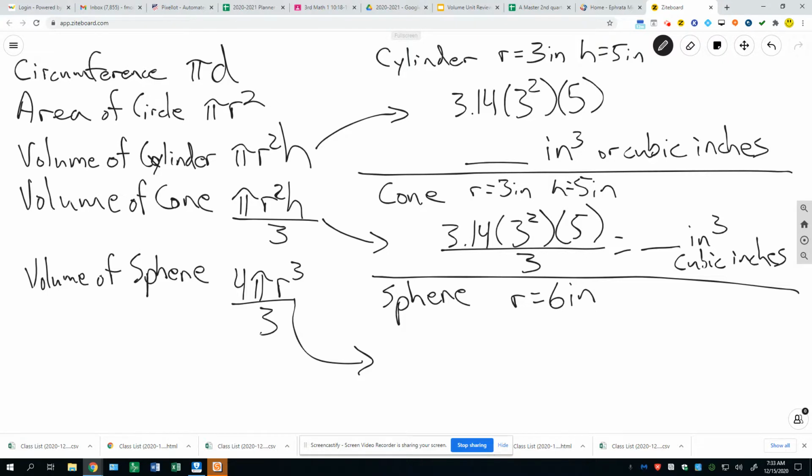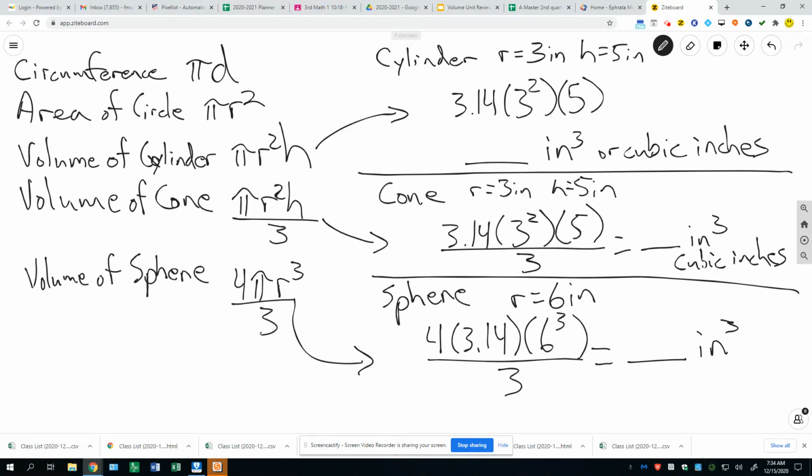And in my calculator, I'm going to go 4 times 3.14 times 6 to the third, which is 6 times 6 times 6. I'm going to divide that all by 3. And whatever that number is, it's still going to be inches to the third power or cubic inches. Okay? I hope that helps. That is what I would have in front of me.